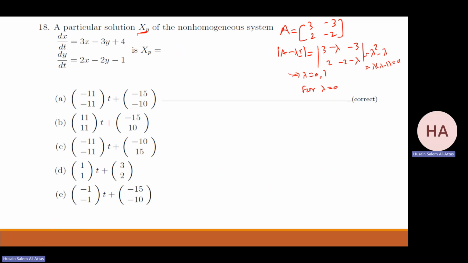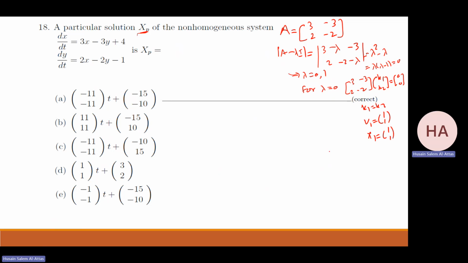You want xb, yeah, can be. You have what? 3 minus 3, 2 minus 2. Let me try to do it quickly. So very clear, I have k1 equal k2. So v1 will be 1, 1, and x1 will be 1, 1, e to the power 0, which is 1.